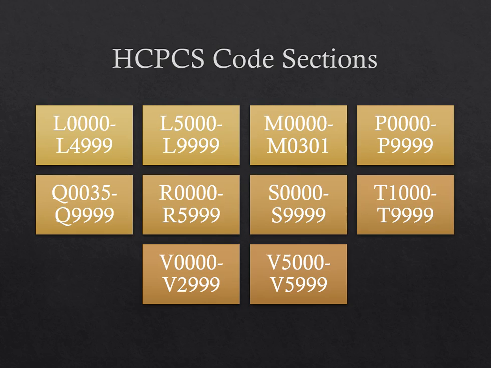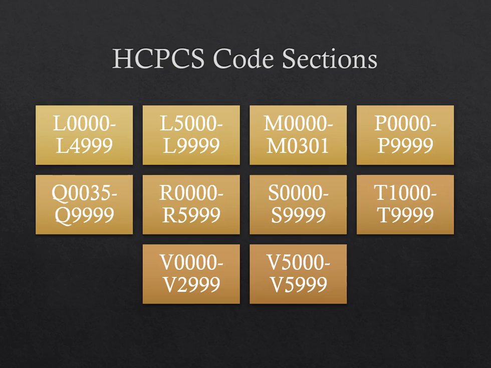And these codes are actually reported to non-Medicare third-party payers, such as Blue Cross Blue Shield. And these are for services and drugs and supplies that are not classified in our CPT manual or in any other HCPCS level family. Then we have codes T1000 through T9999.